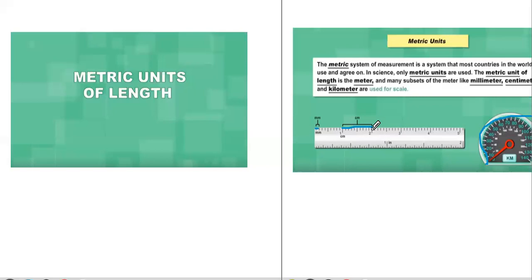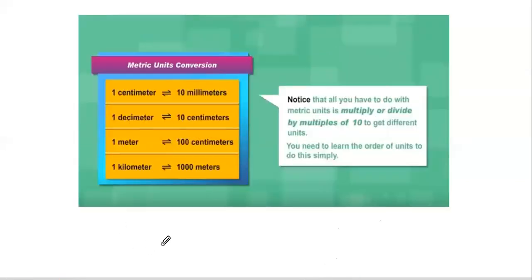It has 10 millimeters inside: 1, 2, 3, 4, 5, 6, 7, 8, 9, 10. 10 millimeters in a centimeter. What about 1 meter? 1 meter is 100 centimeters.